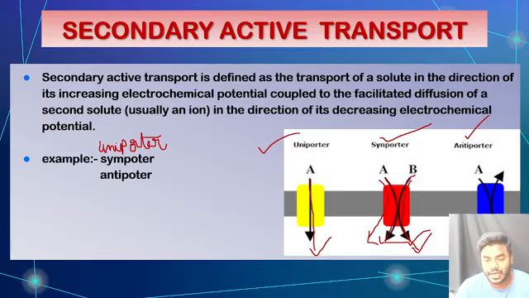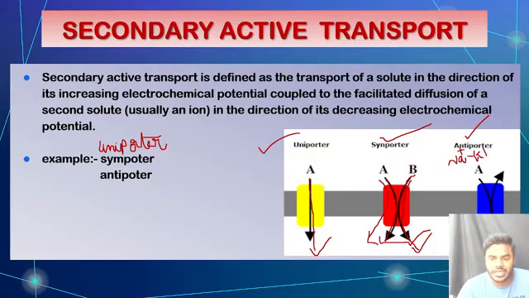Antiporter we all know very well. Movement of one ion inside, one ion outside. The best example you can take is the sodium potassium ATPase pump. And for the symporter you can take many examples, for instance sodium and glucose.